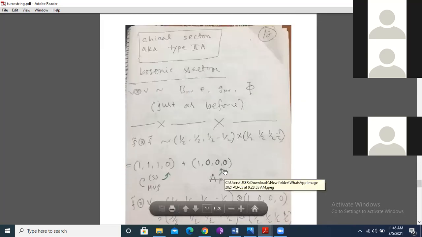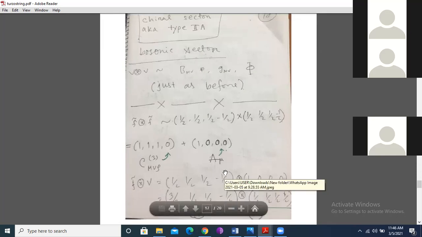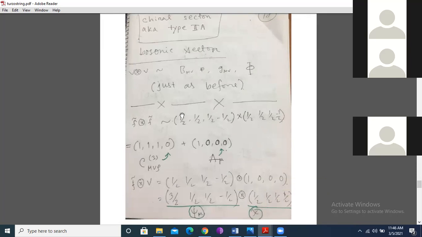And now you can also take your fermionic generators to be chiral. If you do that, then the vector times vector remains the same as before. But your fermion times fermion is quite different now. Now you have chiral ones, so you are taking chiral times chiral here.